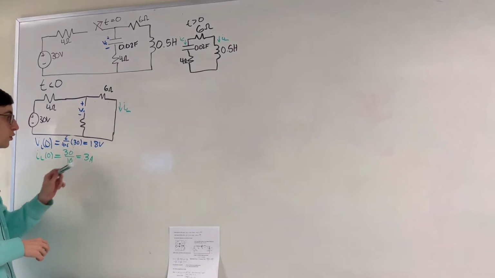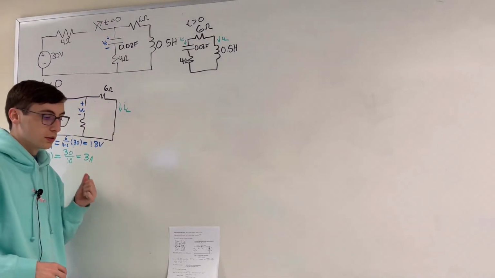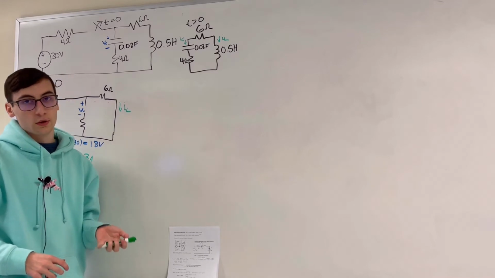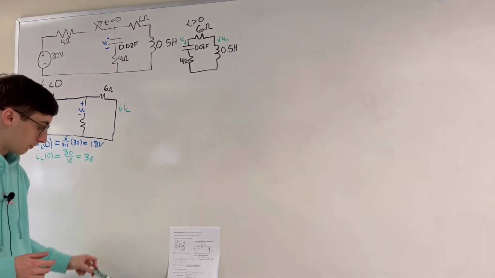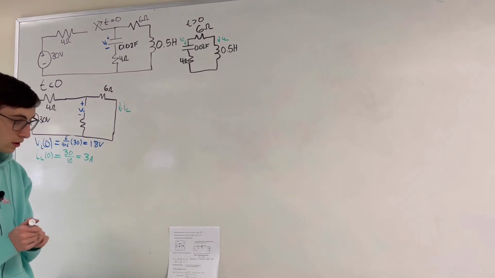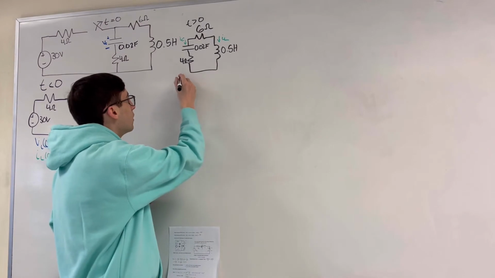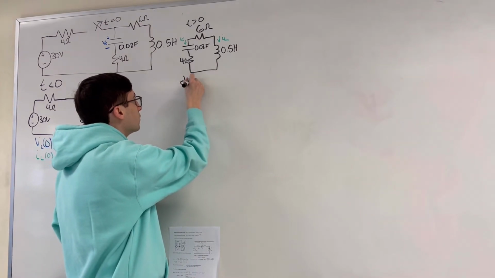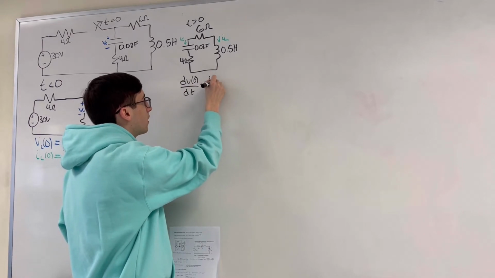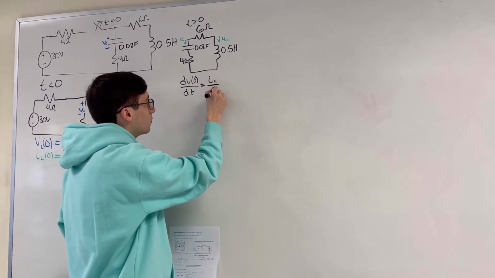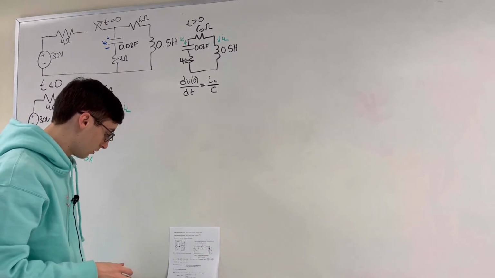All right, now that we have these two initial conditions, we want to find one more initial condition, dVC of 0 over dt, when time is greater than 0. The equation for dVC over dt is equal to IC over C, the current going into the capacitor.